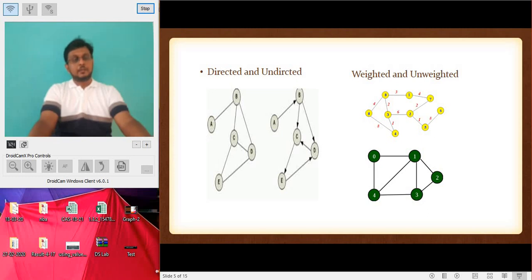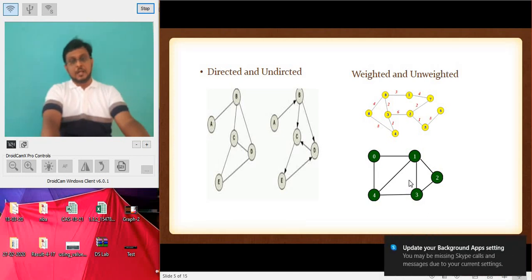Or suppose it is an edge connecting two subtasks, then that weight value is giving information regarding the time consumed for processing from that subtask to the other subtask. In this way, we can give weight values for each of the edges. If edges are provided with weight values, then it is called a weighted graph, otherwise an unweighted graph.